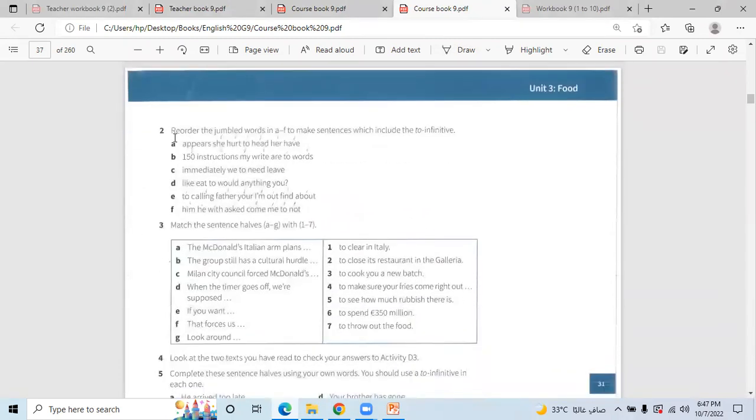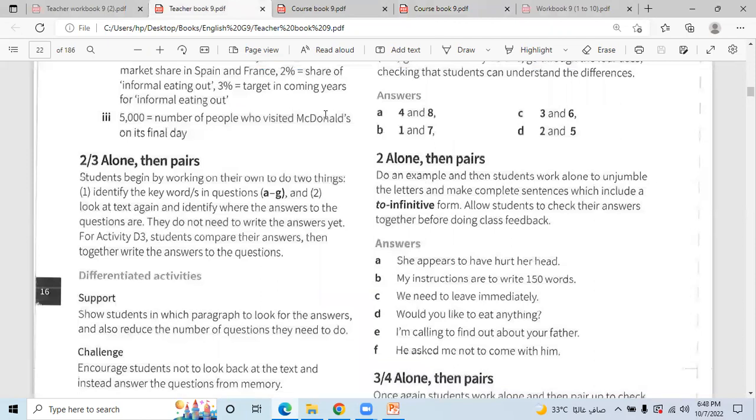All right, so we are going to look at the next question here, D2. We are going to rearrange the jumbled words in A to F to make sentences which include the to infinitive, right? You can take a look here. She appears to have hurt her head.